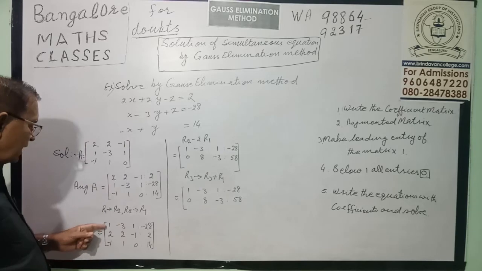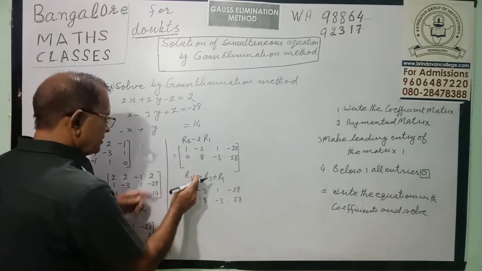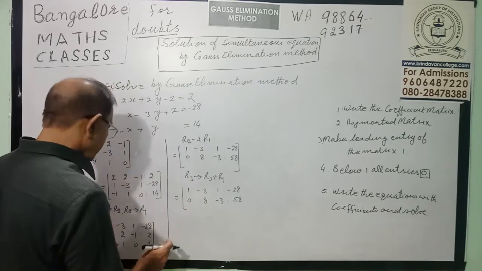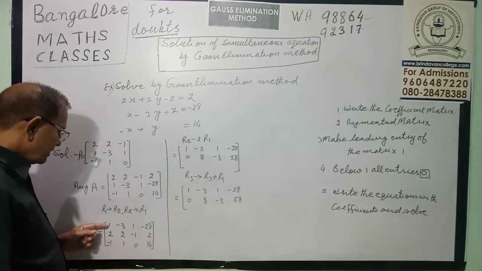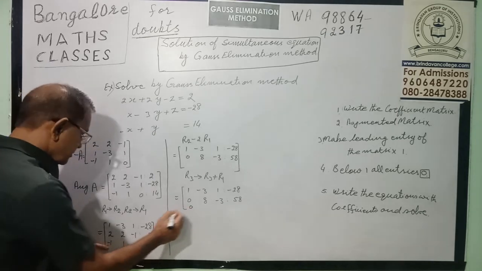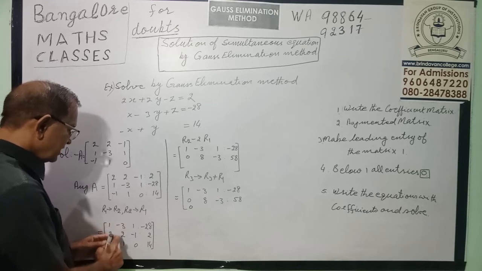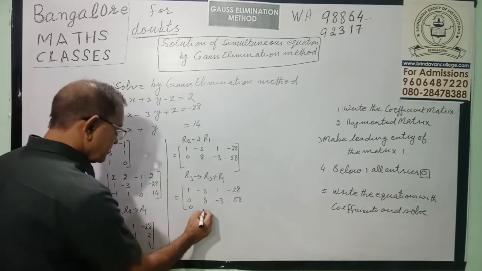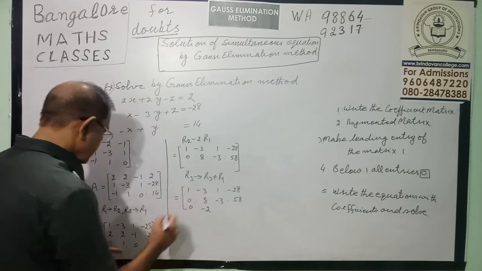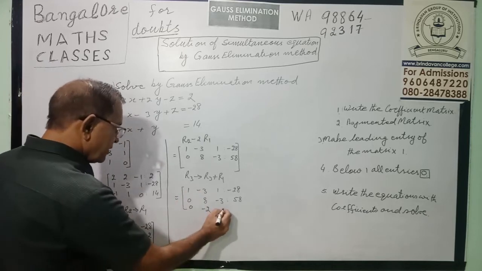Now add 1 and 3. Here add 1 and 3. 1 plus minus 1, 0. Minus 1 plus 1. Add, 3 negative, 1 positive, minus 2, 1.